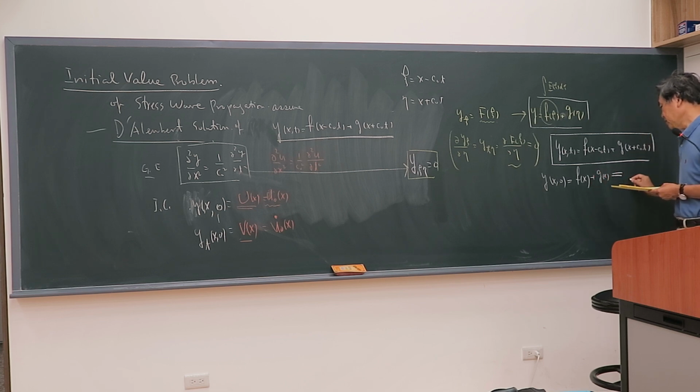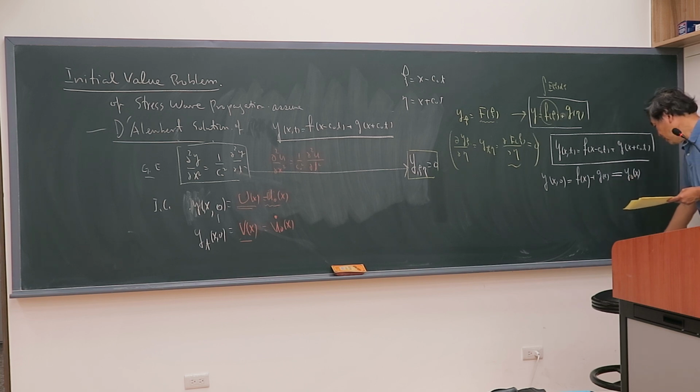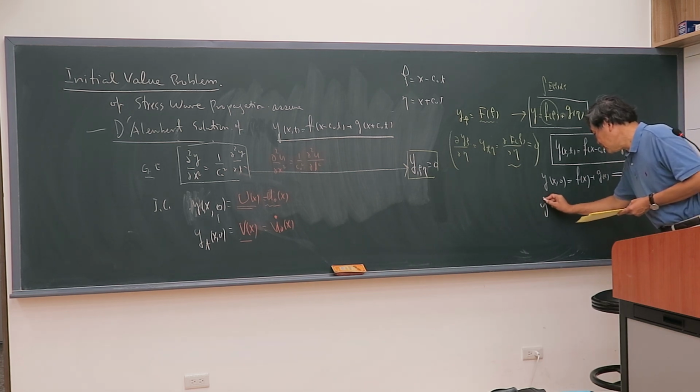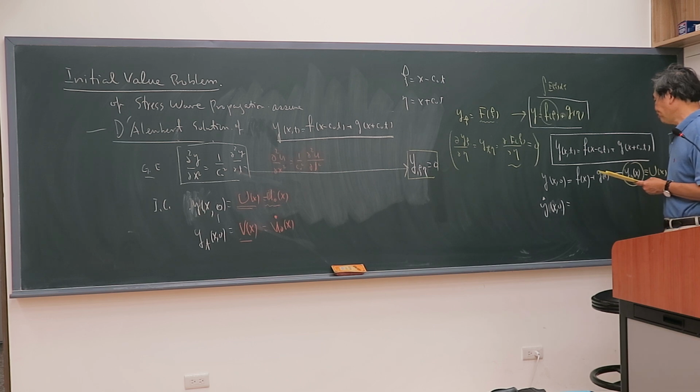And this will be equal to the initial condition y0 x, right? y0 x. And we name this as u x, a function of x. Another initial condition is y dot at x, 0. That will be y dot, okay?